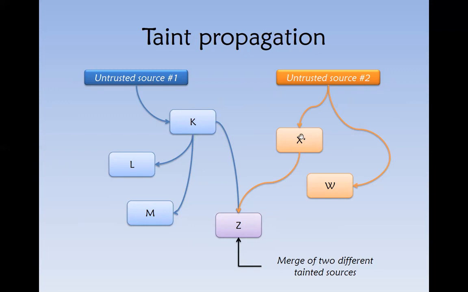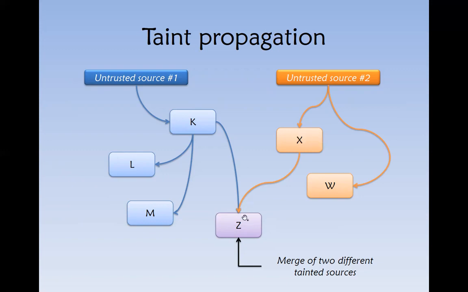Similarly, maybe you read an MP3 file and you store the contents of that MP3 file in some buffer, so maybe this X over here is the buffer that is storing this untrusted MP3 input. So the untrusted source is working its way to X as well as W, but maybe you are applying some filters to the MP3 image to modify it.